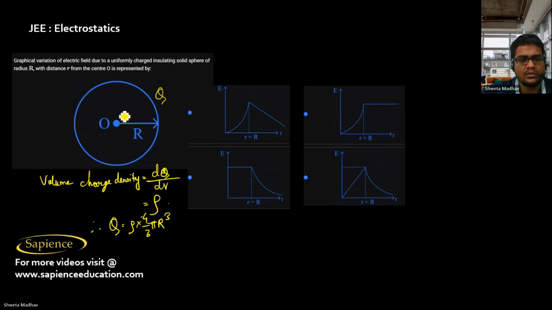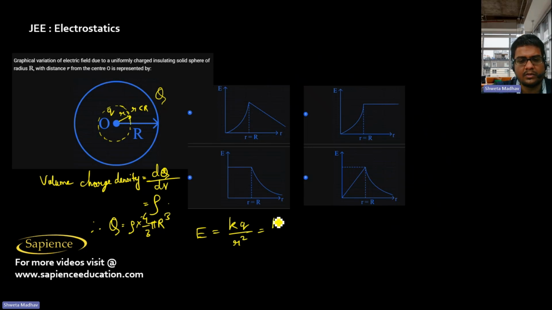Find out. If we take a point at some r inside the sphere, where r is less than R, then at this point the electric field will be kq by r square, if q is the net charge enclosed inside this smaller sphere.